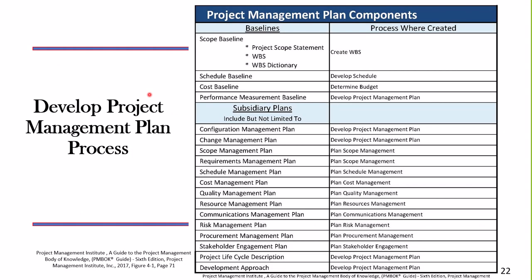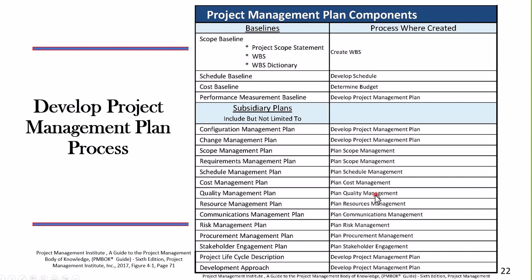Here is the list of subsidiary plans. And those plans, if you look at this, these are all processes in that 10 by 5 by 49 that I showed you. These are under the planning process group. And each one of these processes gives us an output that is a part of the project management plan.